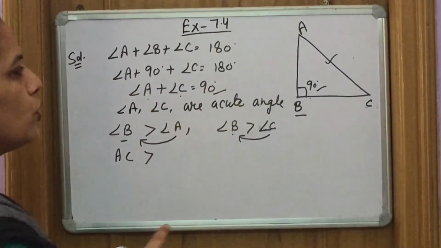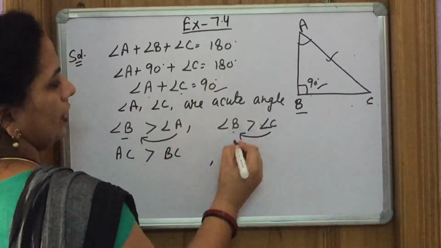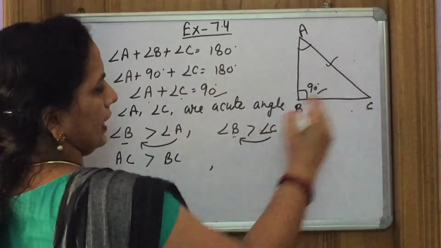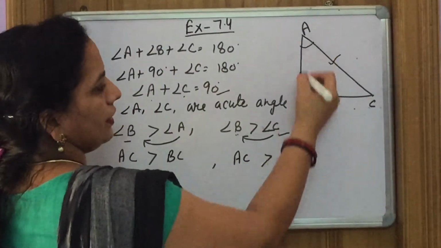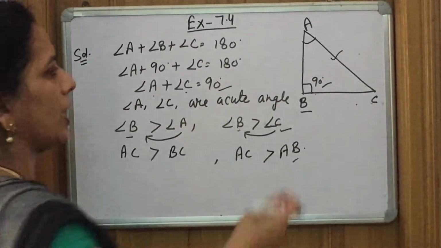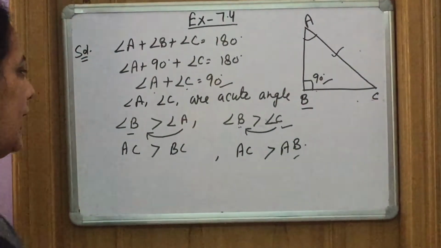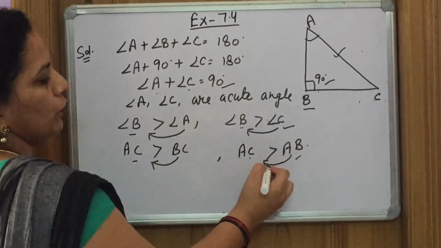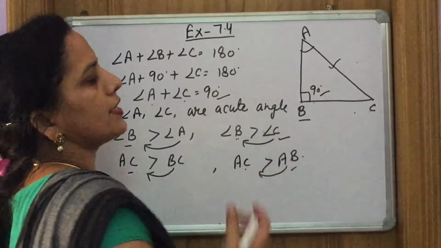Similarly, the opposite side of angle A is BC, and the opposite side of angle C is AB. So here we have three sides which are AB, BC and AC, and we have proved that AC is greater than BC, and AC is greater than AB. That means AC is the longest side among these three sides.